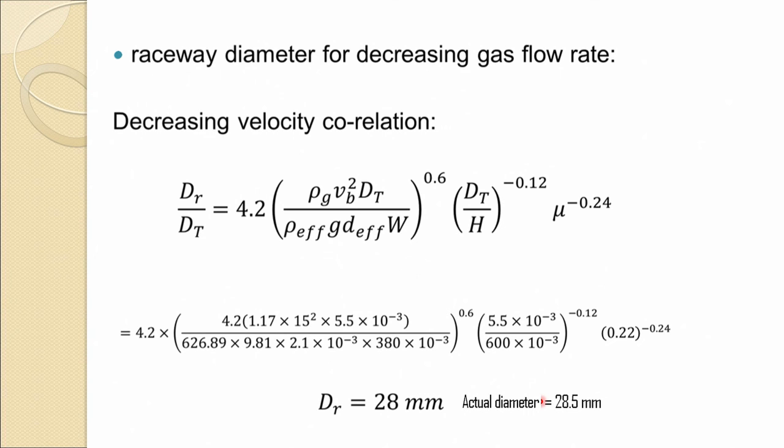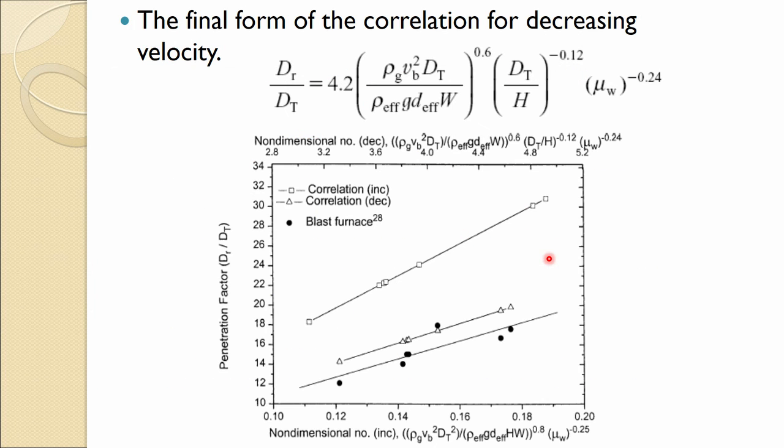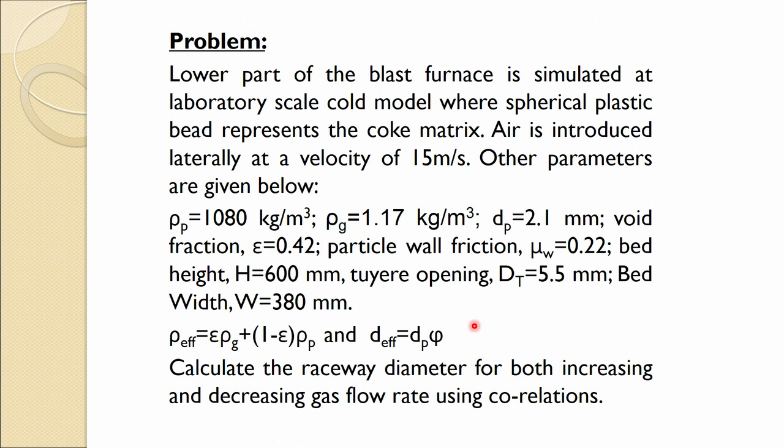So, this correlation gives very good predictions about the Raceway diameter, whether it is in the cold condition or in the actual blast furnace condition which we had seen here. So, at least for the blast furnace, we have some sort of correlation which can predict the size reasonably well.